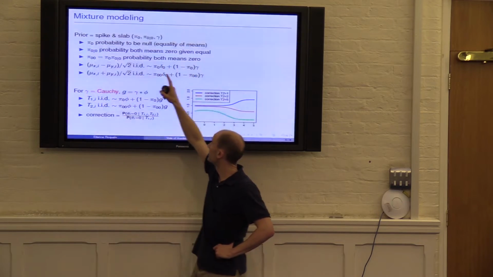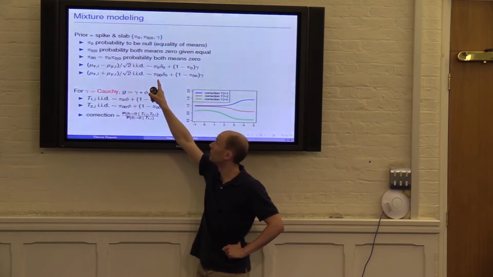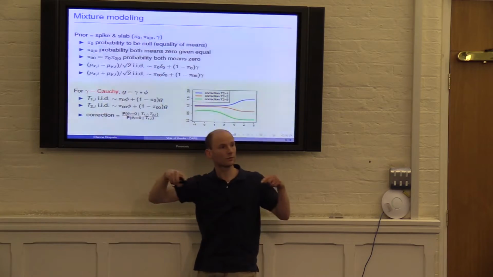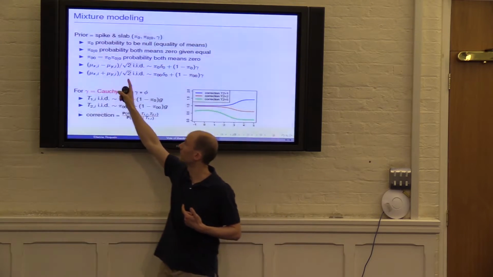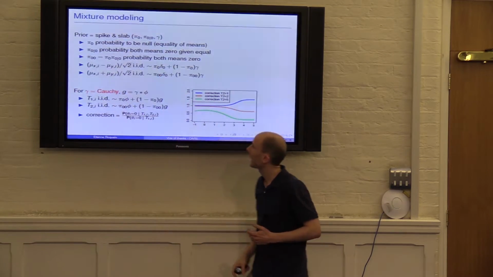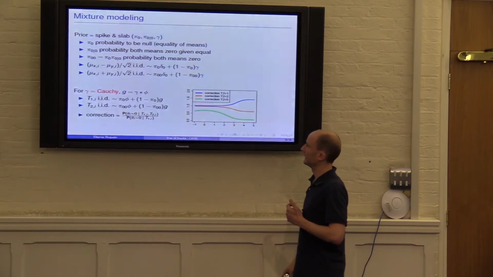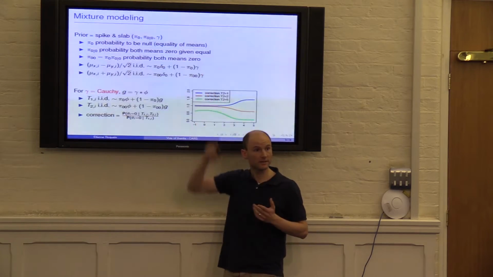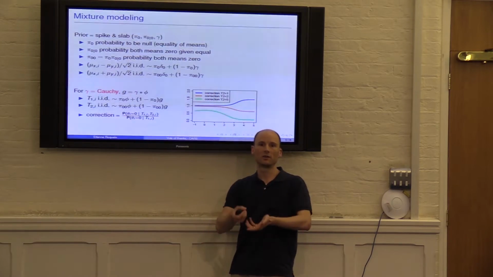And the sum is also like a spike and slab, but with a different proportion for the spike, because you want to generate two zeros, so that the expectation of T2 is 0.